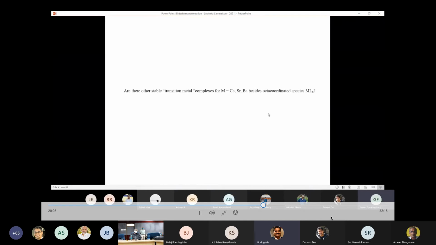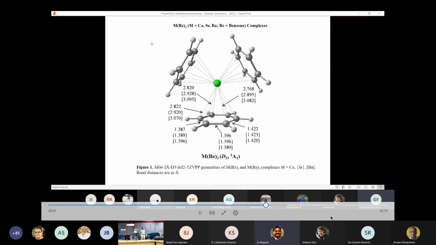Are there other stable complexes besides the octa-coordinated species? What about sandwich complexes? You know that sandwich complexes play a special role in transition metal chemistry. Again, we first ran the calculation for calcium, strontium, and barium, and found yes.